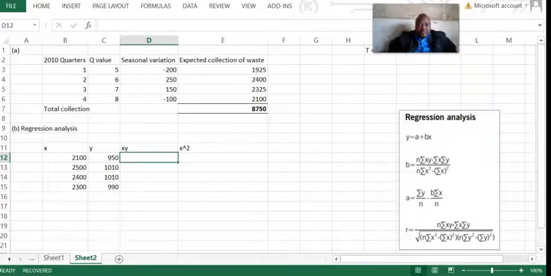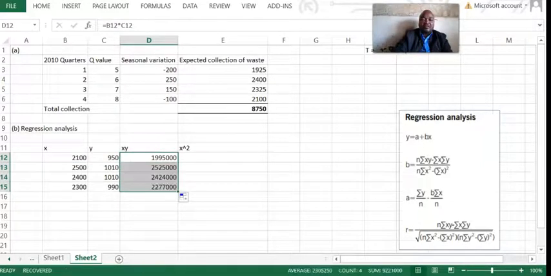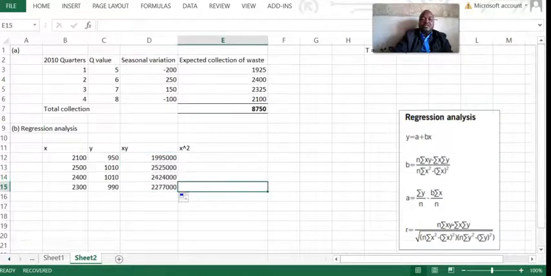Then summation xy. For the xy, this one is not found from the question. You need to compute it. So the xy should be equal sign that figure multiplied by that one. Okay, and you just have to drag the values down such that the Excel does everything for you.